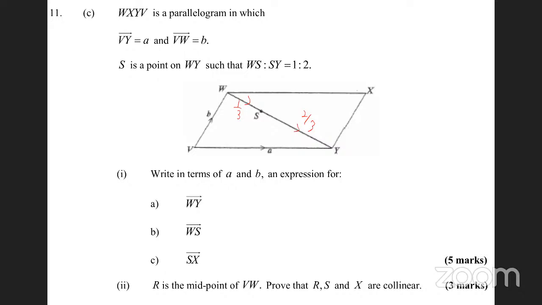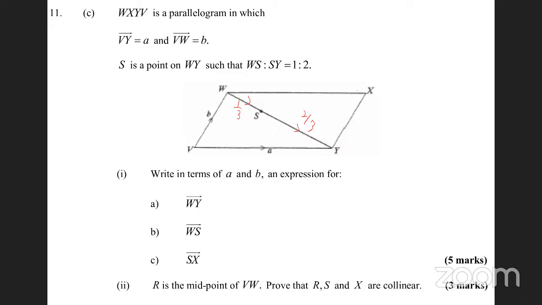What does make this hard is that you have to work with letters and you have to work with fractions. So simplify your fractions. So WY is W to B to Y. You need to check and see what WB is.